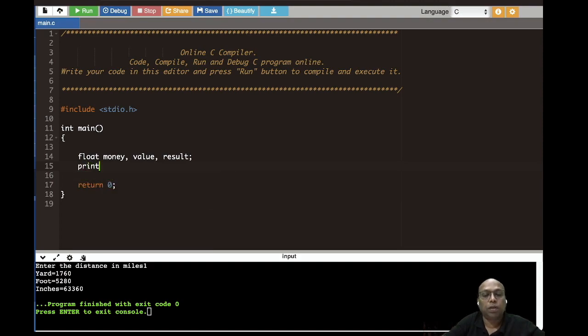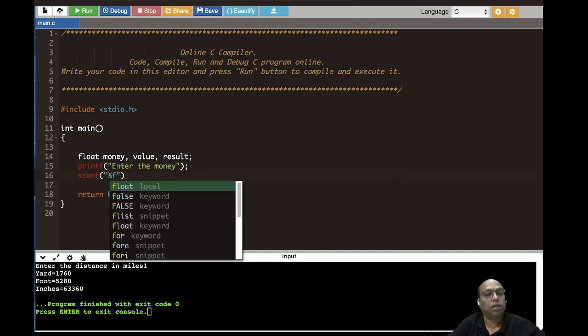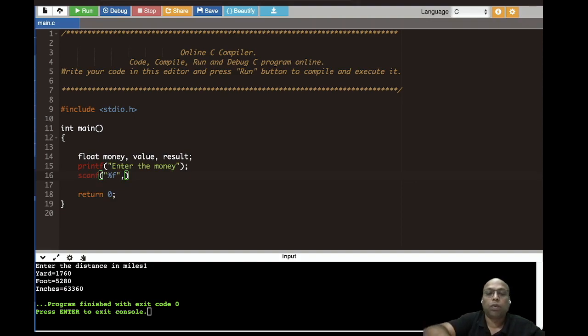What is the input? Printf, I'm going to say enter money. Scanf, what should I put? Percentage f, because it's a float, and money.